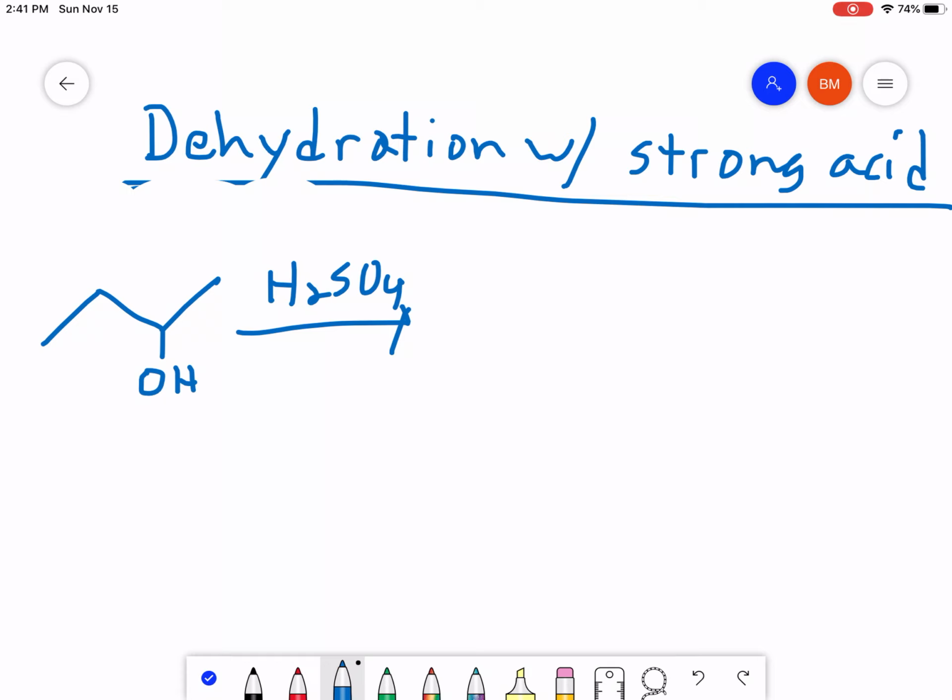We actually have beta hydrogens on this carbon and on this carbon. So we have two different types of beta hydrogen. So you could form a double bond between those two carbons, or you could form a double bond between those two carbons. So yeah, just like we saw in the last chapter, you can also get mixtures of alkene products with eliminations of alcohols. Do you see anything else we should have here?